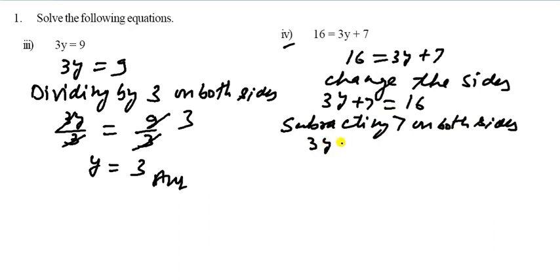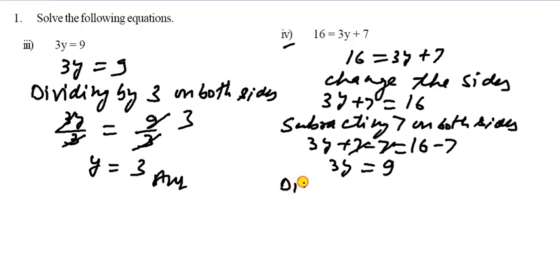So this will be 3y plus 7 minus 7, and here is 16 minus 7. So 3y equal to, 7 cancels with 7, and here is 16 minus 7, that is 9. So it is your 9.